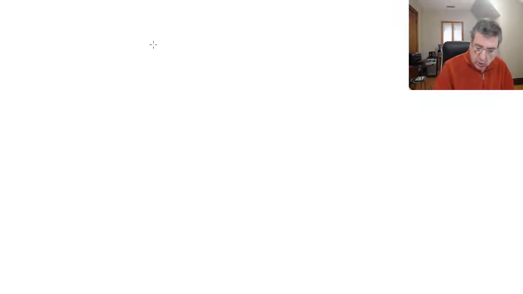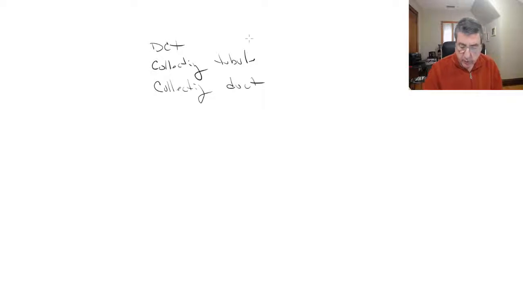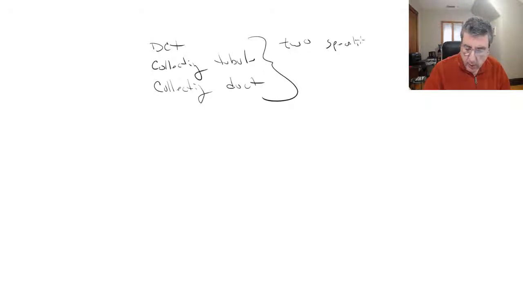Okay, so distal convoluted tubule, collecting tubule, and collecting duct have specialized cells. Two specialized cells, okay?